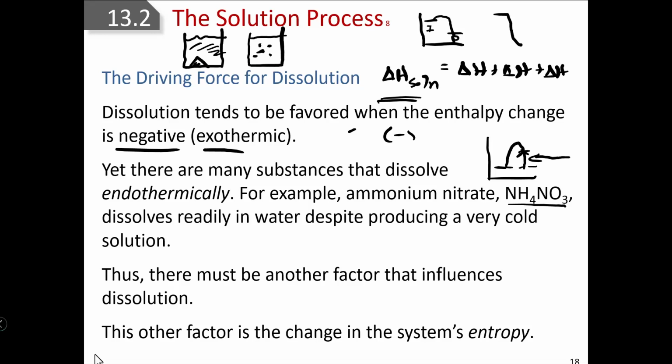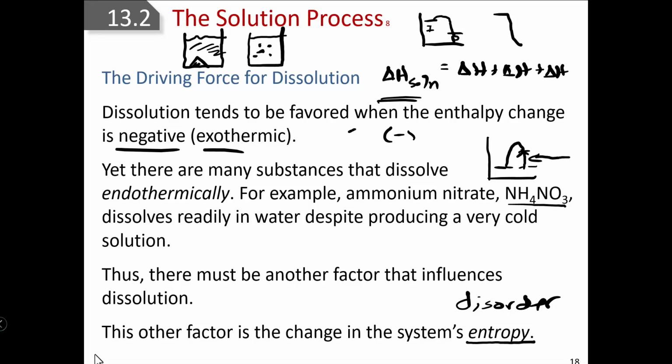So there must be another factor that makes this process happen, and that's called entropy. Another name for entropy is just disorder. So if you don't like the word entropy, just think of the word disorder.